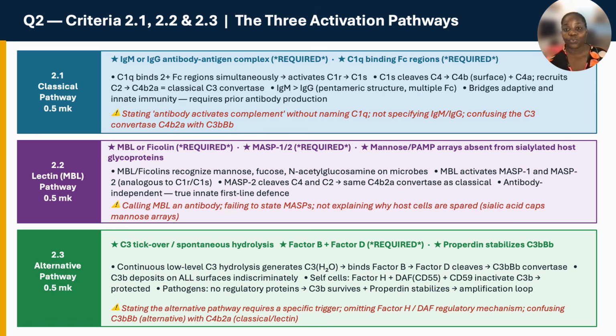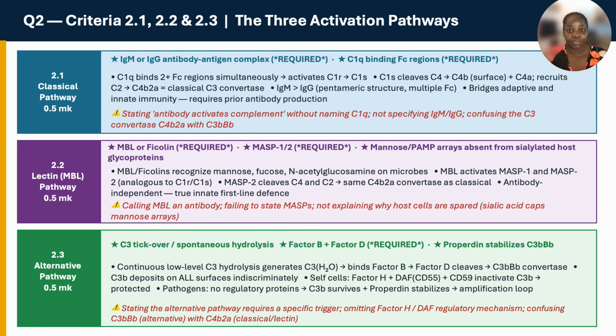So students who write "antibodies activate complement" without specifying the immunoglobulin class and without naming C1q score a maximum of 0.25. That means half of the mark dedicated for that question.